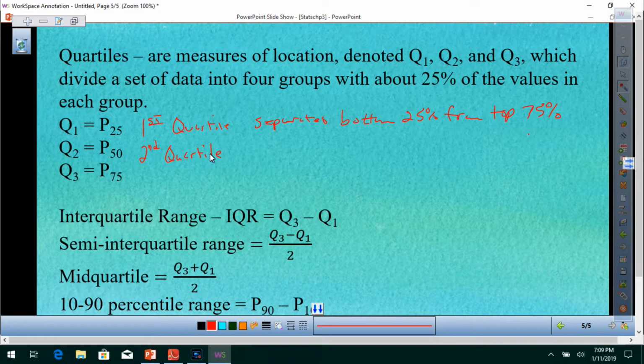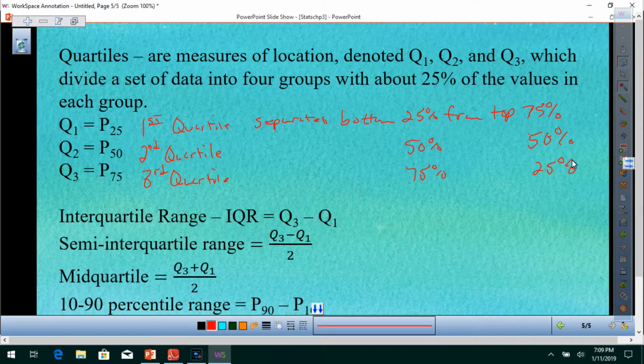It separates the bottom 50% of the sorted values from the top 50%. And Q3, sometimes called the third quartile, separates the bottom 75% from the top 25%.